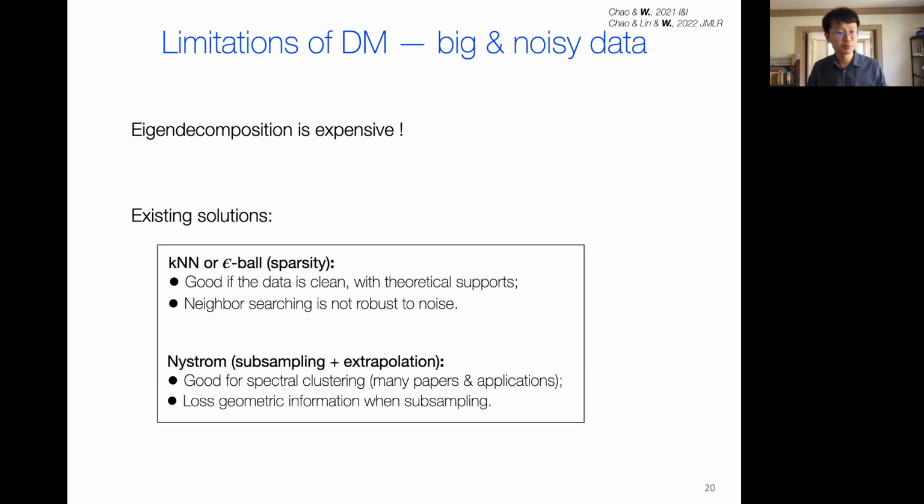But if you want to recover the geometry, then maybe you want more. Why? Because you lose geometric information when you do subsampling, so the local geometric information may be missing in the end. So those two points are what we would like to improve.